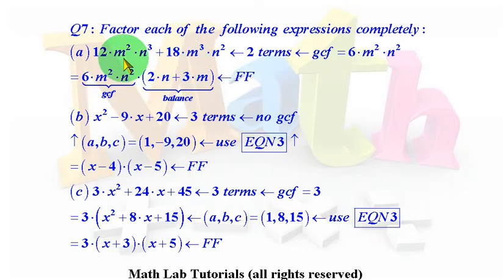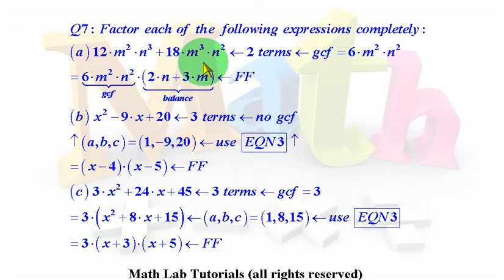And the idea over here when you're factoring is to look at the coefficients first, 12 and 18, and you conclude that the greatest common factor is 6. So look at the coefficients first. The greatest common factor of 12 and 18 is 6. It's the biggest number that divides evenly into both coefficients 12 and 18.